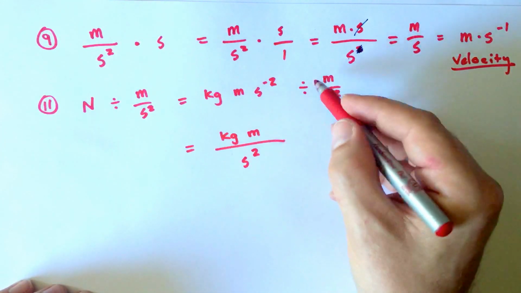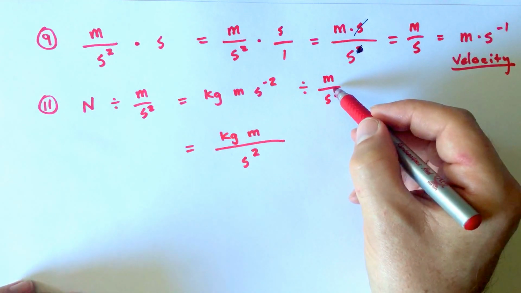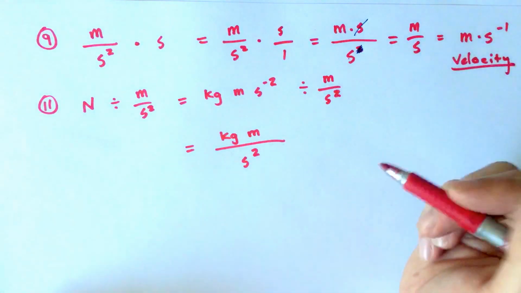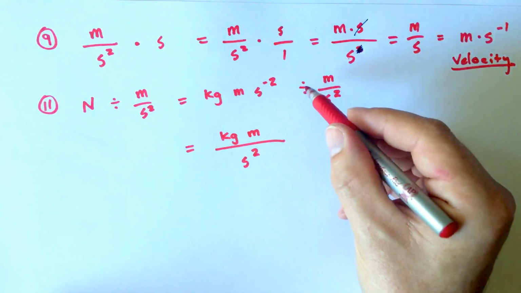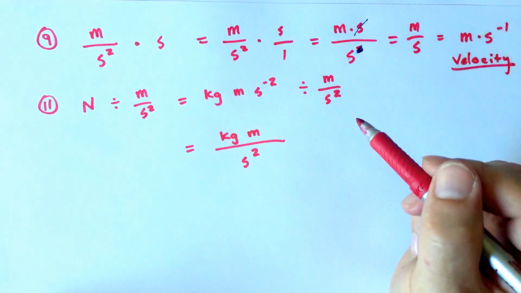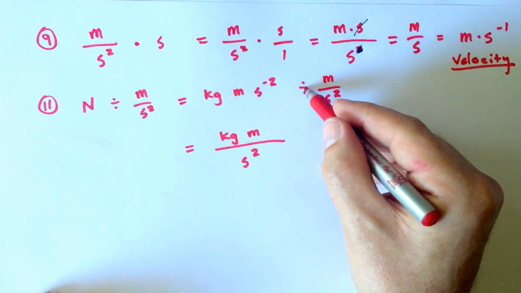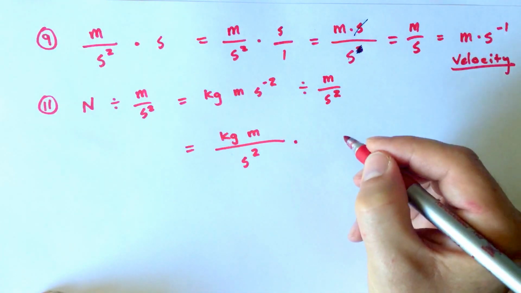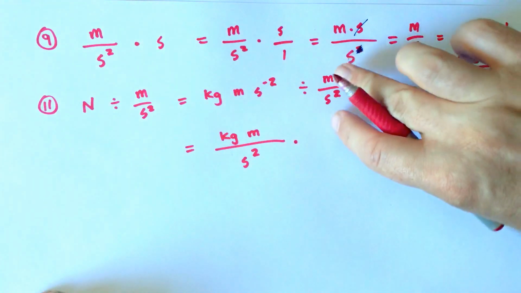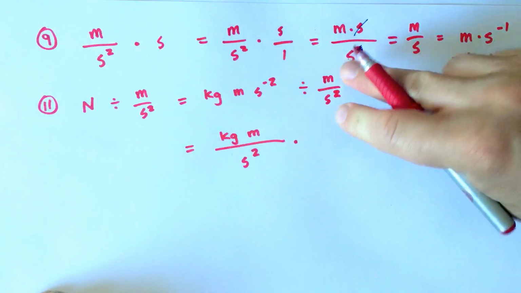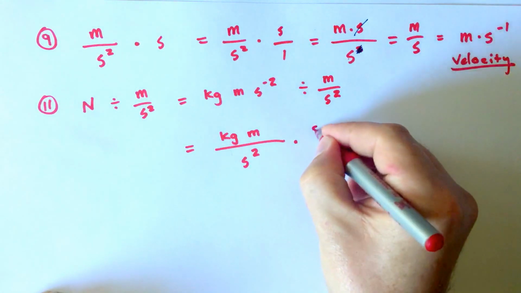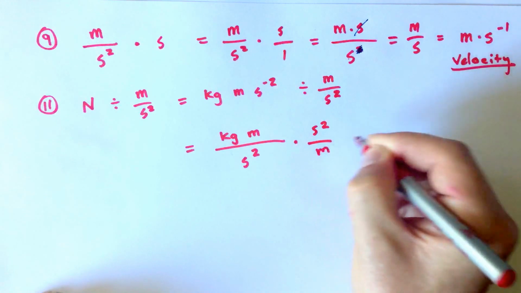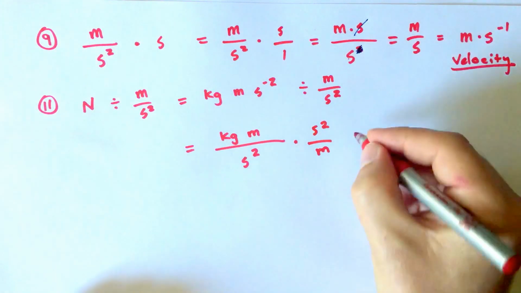Now I have a fraction divided by another fraction. Well, when we divide fractions, we multiply by the reciprocal. So I can change divided by meters over seconds squared to times seconds squared over meters. What would this give me?